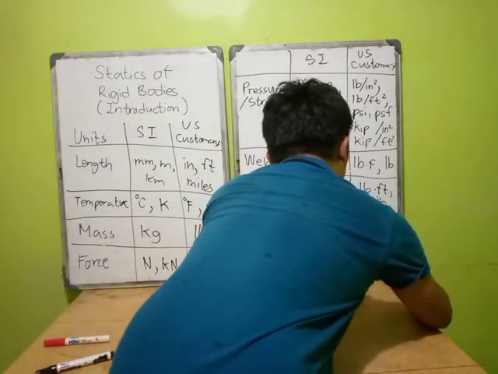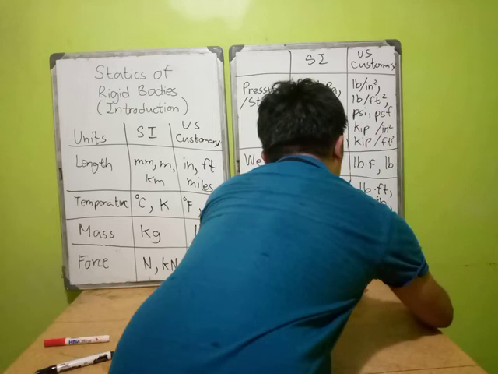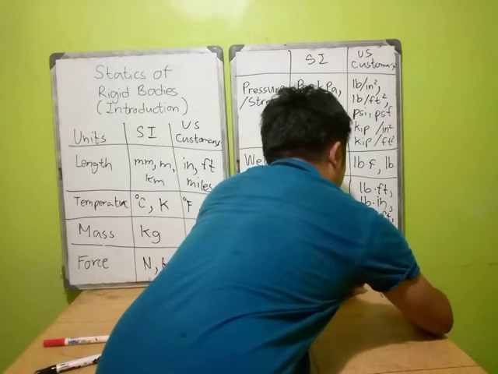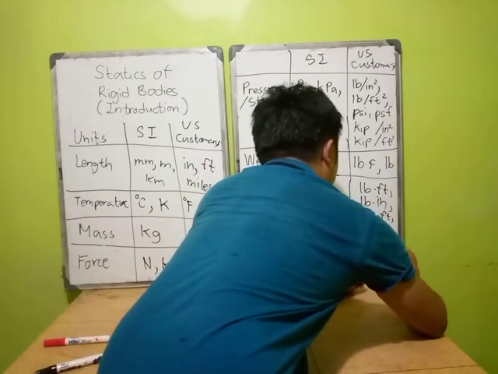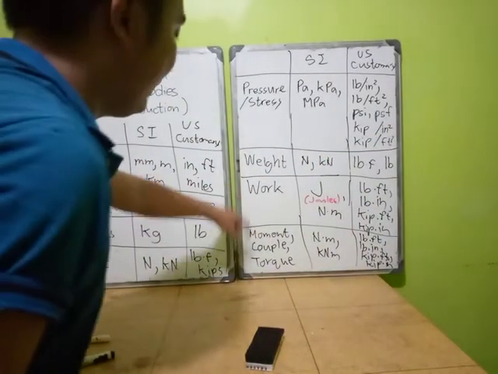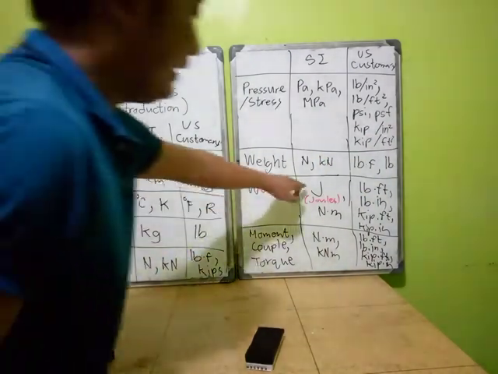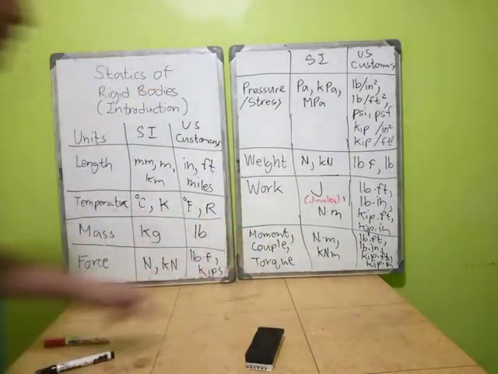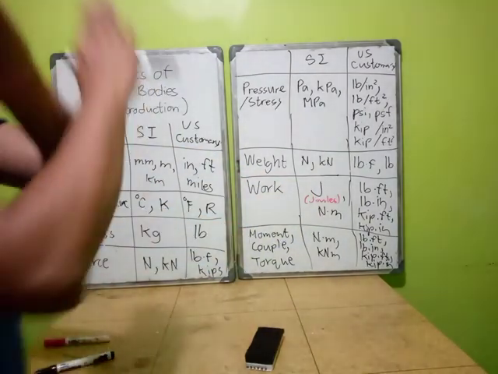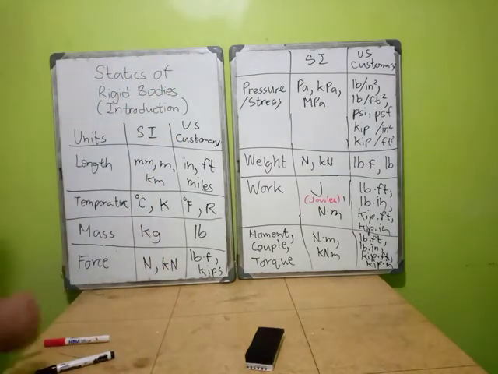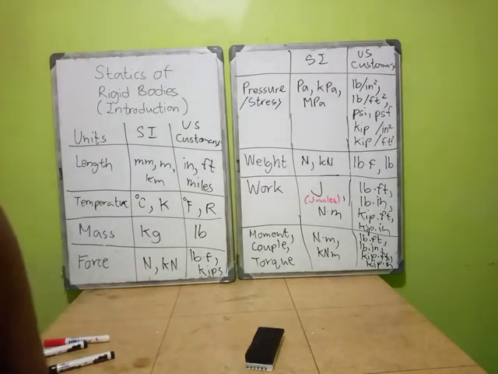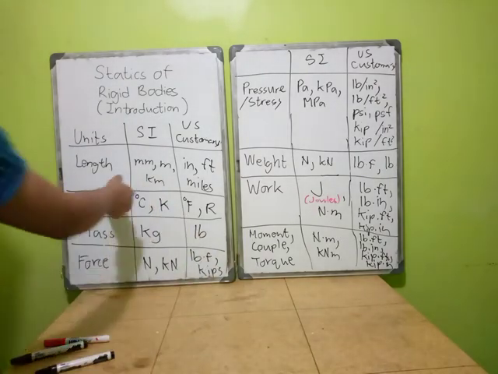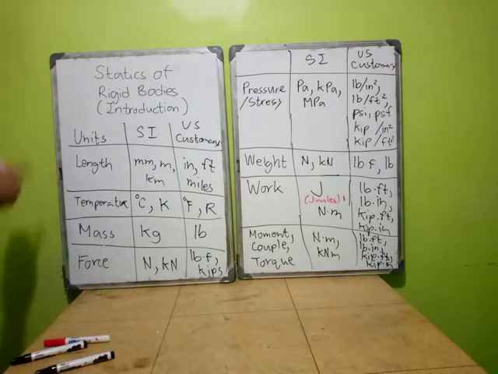You can use libra foot, libra inch, or pound foot, or pound inch, and keep foot, and keep inch. Yan. Pareho lang sila ng unit ng work. Kaya lang, hindi mo pwedeng gamitin yung joules kapag nag-compute ka ng moment, couple, or torque. Okay? So, that's a big no. Okay? So, may I erase this one? Okay? Kasi hindi na kasya.